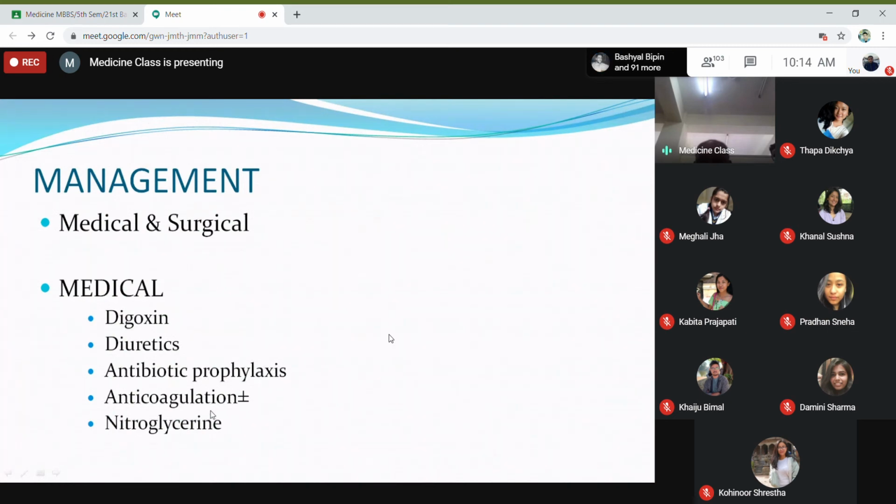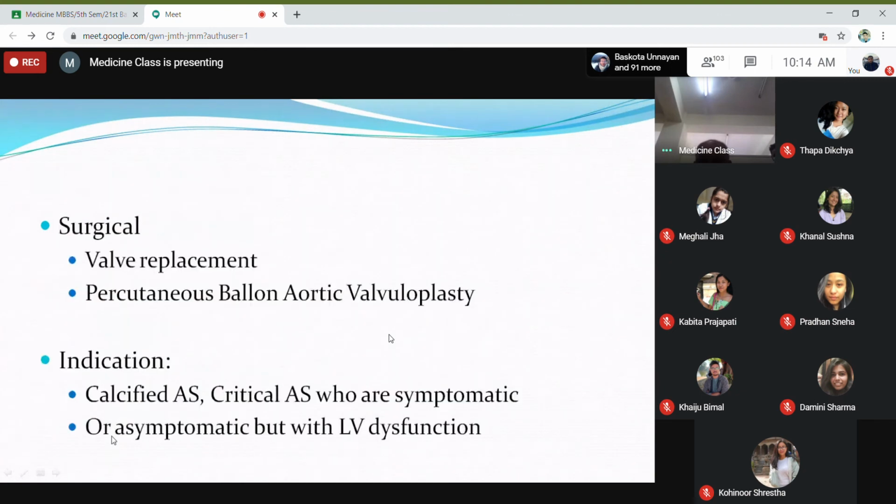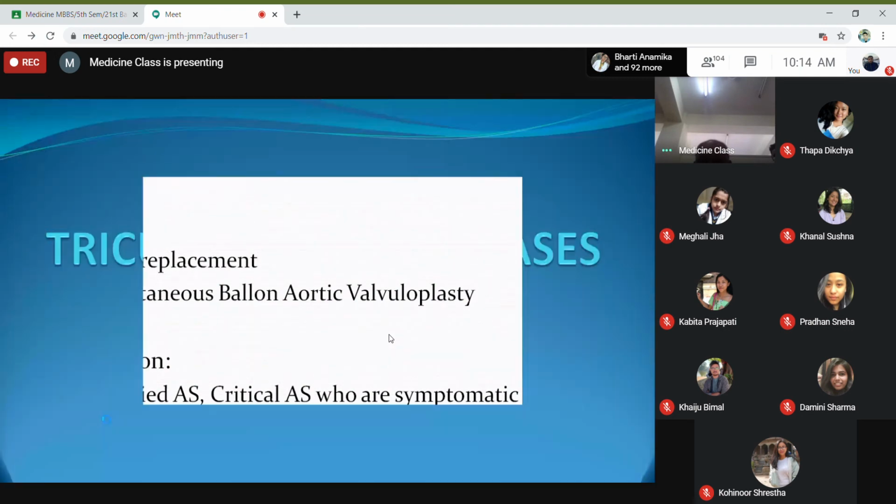There may be anticoagulation if there is atrial fibrillation. Nitroglycerin can be given for angina. In the surgical, it's valve replacement or valvuloplasty. Asymptomatic critical AS with LV dysfunction can go for a surgical procedure.